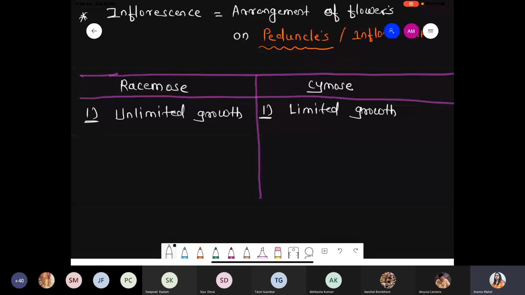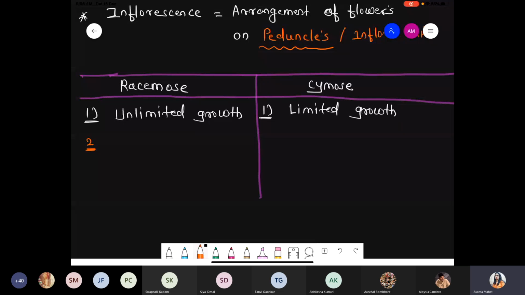Now, second point, the difference between them. In case of the racemose, the tip of the inflorescence axis, the peduncle tip, is free. Free means without flower; there is no flower present on the tip.